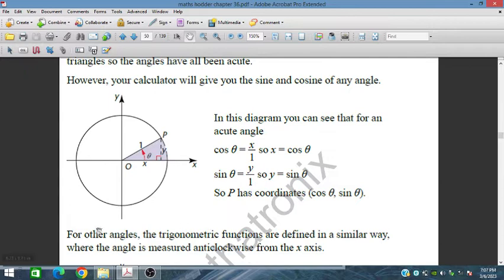For other angles, the trigonometric functions are defined in a similar way, where the angle is measured anti-clockwise from the x-axis. So the angle is always measured anti-clockwise.